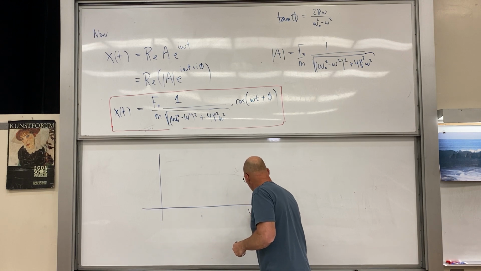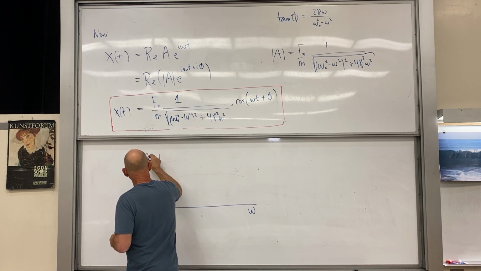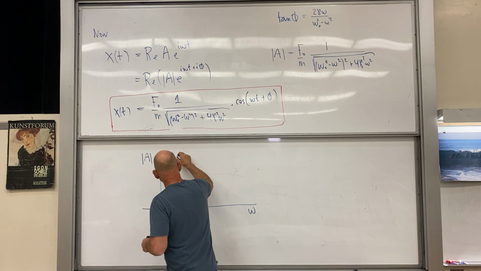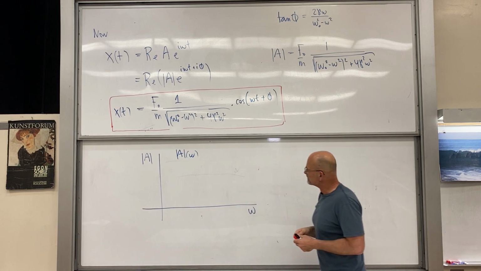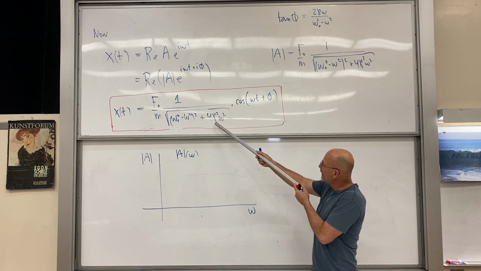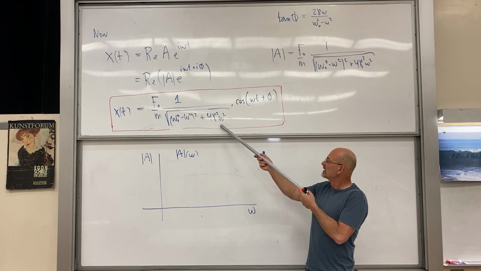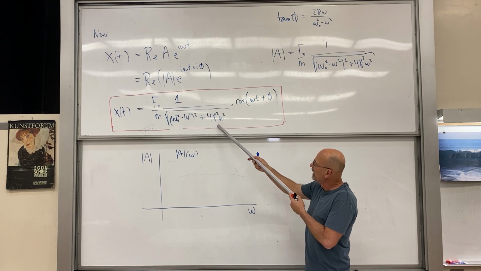And we're looking at this amplitude as a function of omega. And there's some limiting cases. The first limiting case, of course, we have to go back to the undamped quantity. So let's just kill omega squared here. And what do we have?